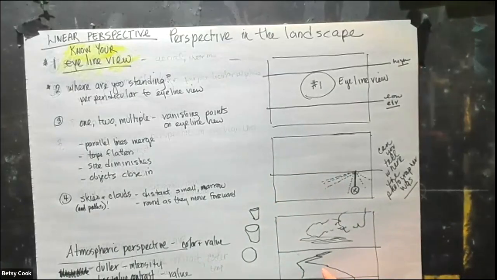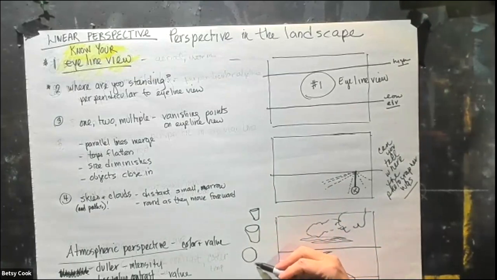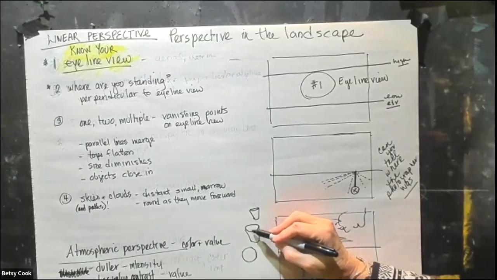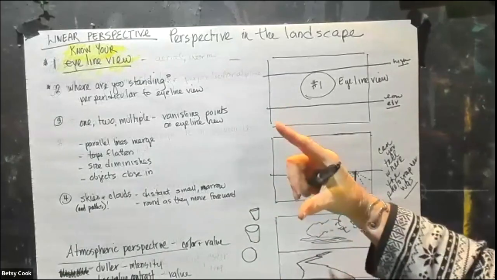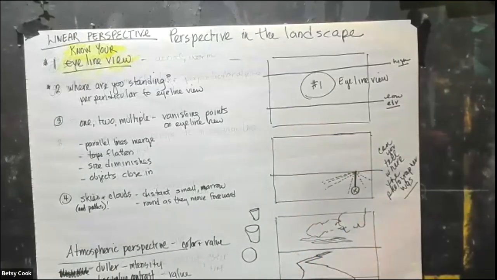That's the same sort of thing that happens with clouds and with paths or waterways. It changes from a flat shape to an ellipse. It compresses, it flattens itself out, and that's what keeps it lying down in the landscape.